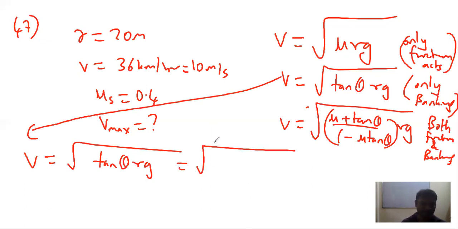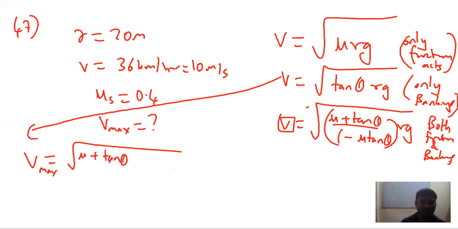So in that case, we can say tan theta is v square by rg. In this case, we have to find the maximum velocity. So let us find the value. Maximum velocity we can get from this equation. V max is equal to root of mu plus tan theta upon 1 minus mu tan theta into rg.